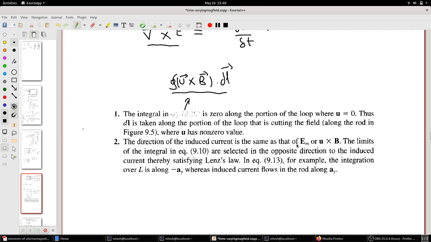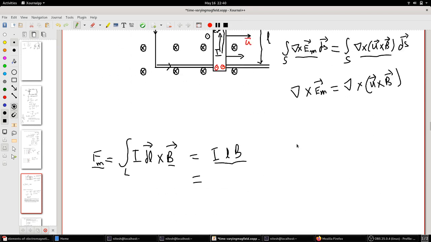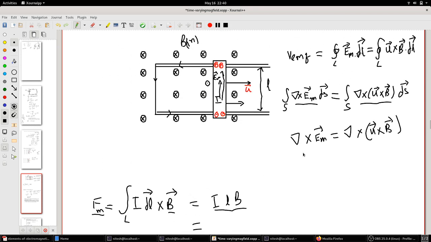So you could tackle this kind of problems in two ways. Let's look at this particular case. We know that the closed line integral of u cross B dot dl is equal to the EMF.